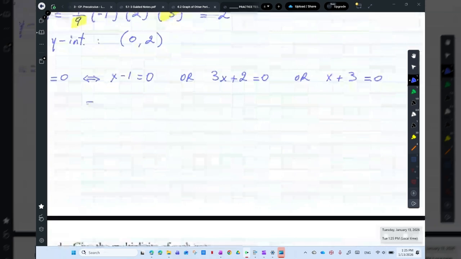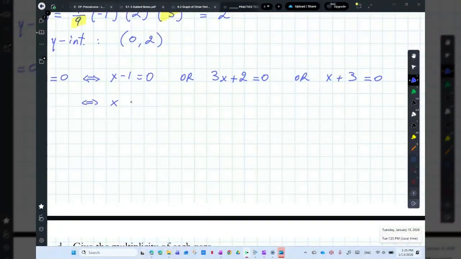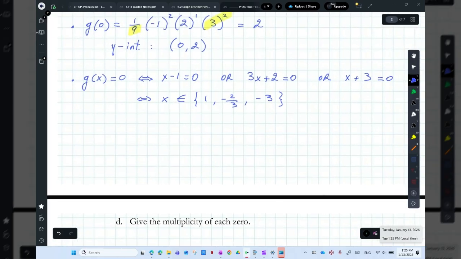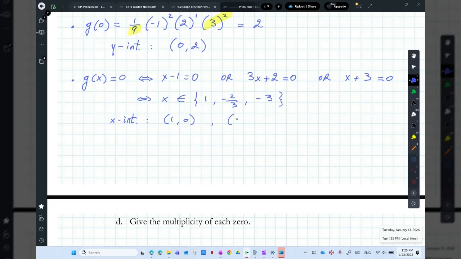And therefore x belongs to the following set: 1, negative 2/3, and negative 3. So I'm going to conclude the x-intercepts would be (1, 0), (negative 2/3, 0), and finally (negative 3, 0).